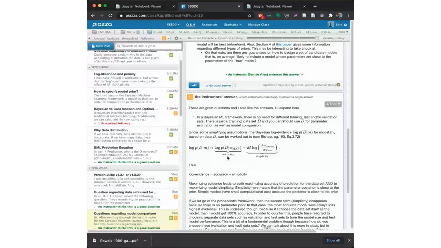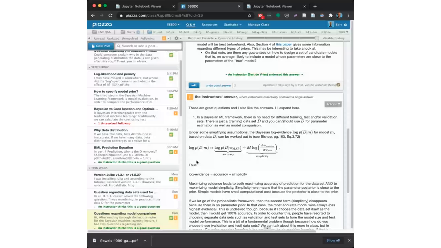A model is, let's say, a summary of data, right? You don't want to have a model that has a larger, let's say, memory footprint than the data, because you might as well store the data. With a model, you want to capture the patterns in the data. So you want to have simple models. Now that is built into the Bayesian framework.